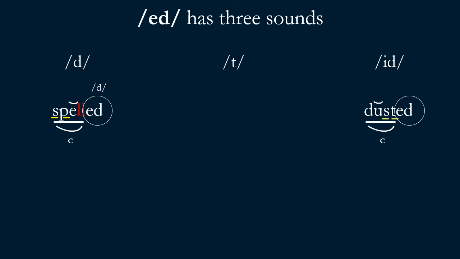Now, this time, we're not going to put a D above the suffix. We're going to put ID because that's what we hear. Okay? It sounds like it's dusted with an I. We don't say the E the way we would say it in a word like egg. We don't say dust head. It's dusted.